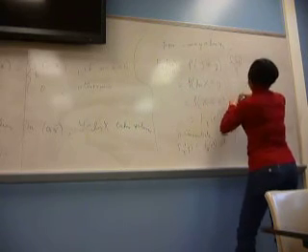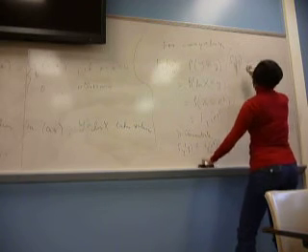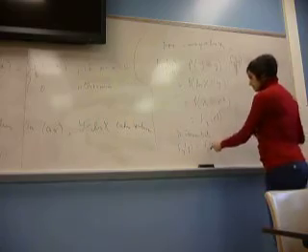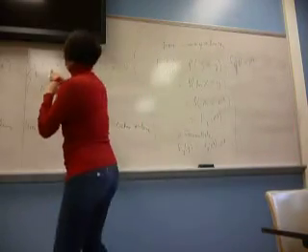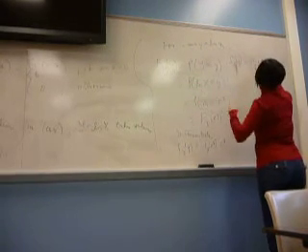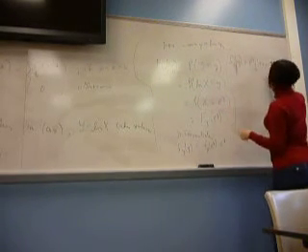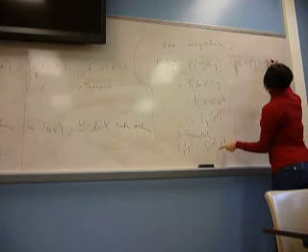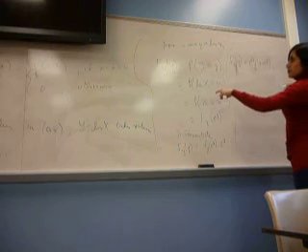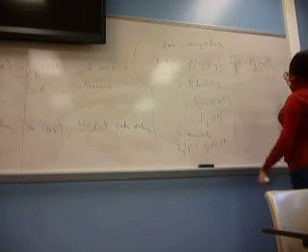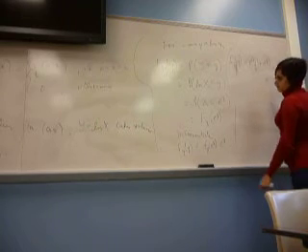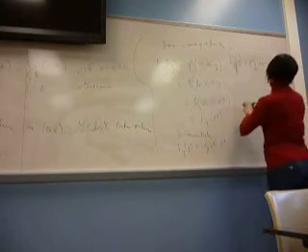The density function of your random variable Y at the point y is e to the y times the density function of x at e to the y, so 1/8 (4 minus x), where x is e to the y. And this is for y in that range.